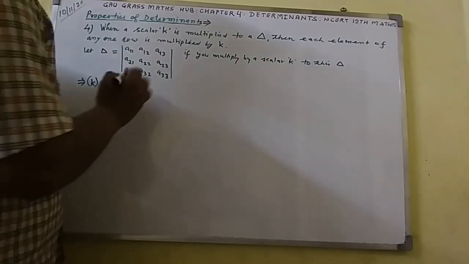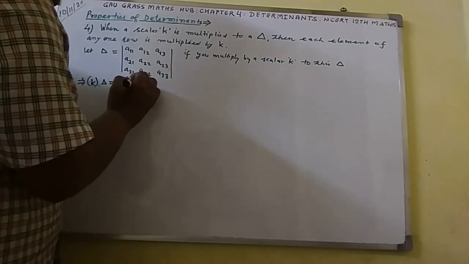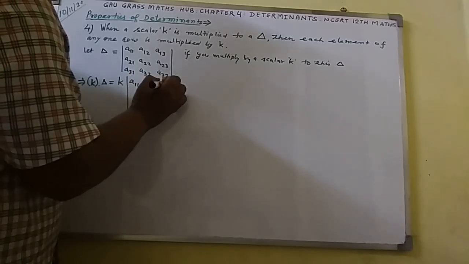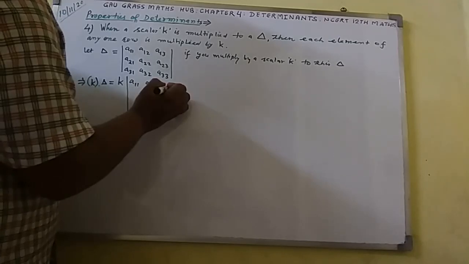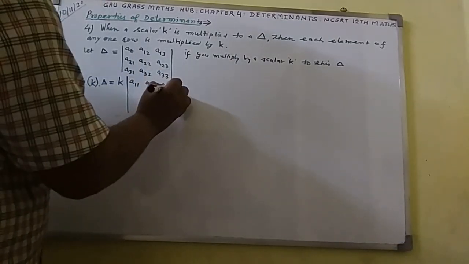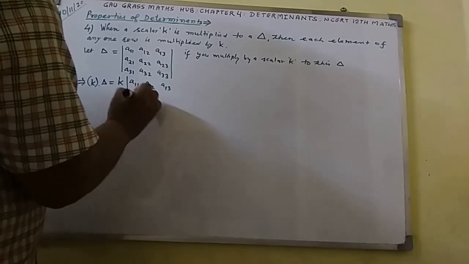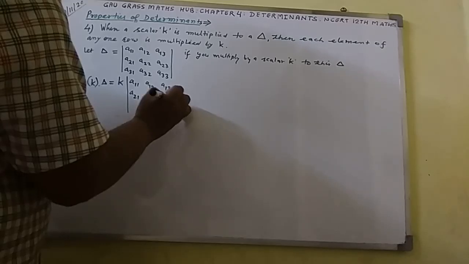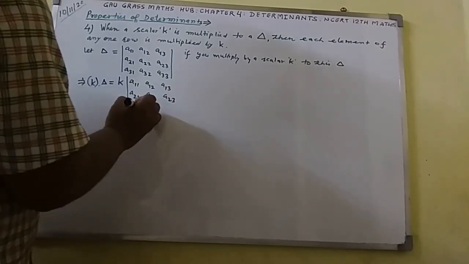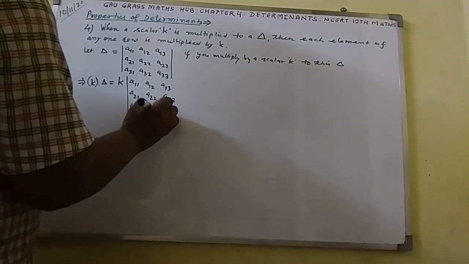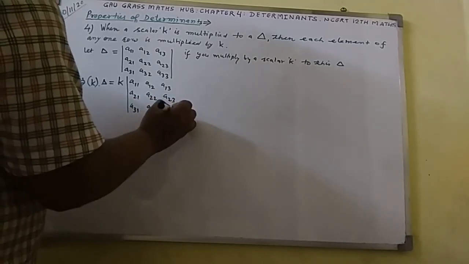Elements of first row A11, A12, A13. The elements of second row A21, A22, A23. The elements of third row A31, A32, A33.